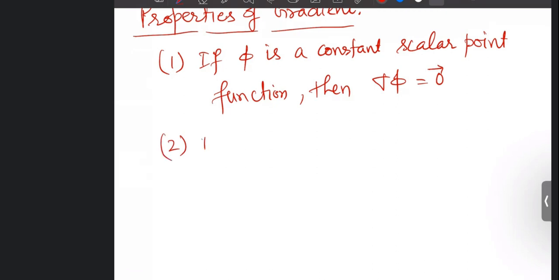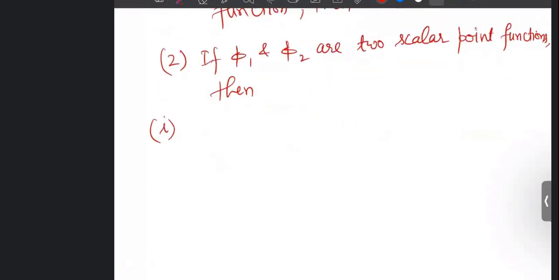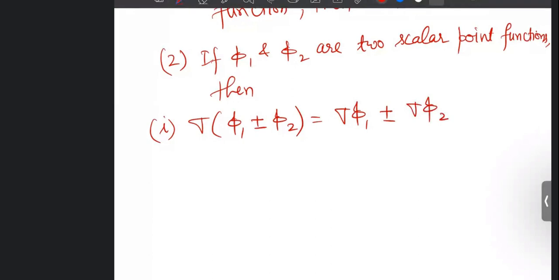Second: if phi 1 and phi 2 are two scalar point functions, then the following hold. First, the gradient of phi 1 plus or minus phi 2 is equal to the gradient of phi 1 plus or minus the gradient of phi 2.